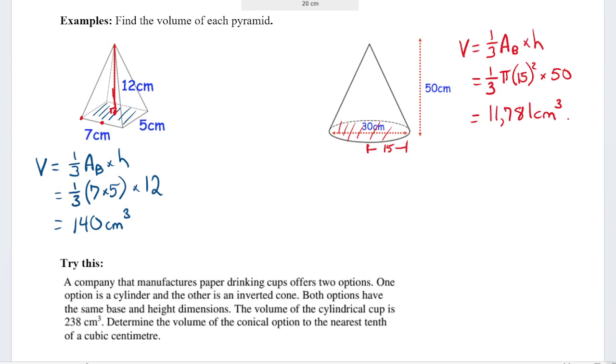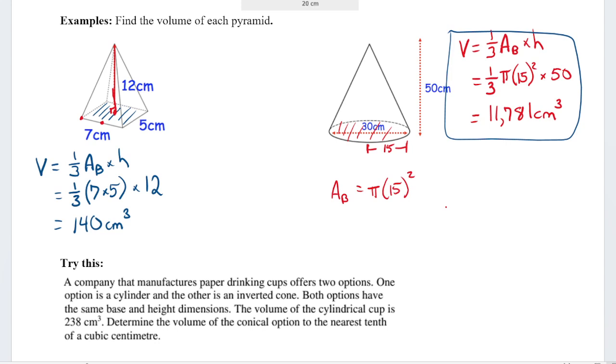So it's kind of the same formula. Calculate the area of the base and then the height. If you don't feel comfortable doing all of this in one step, feel free to do what we did with the complex one and do the area of the base first. You could just do area of the base is equal to pi times 15 squared. We'll work that out.